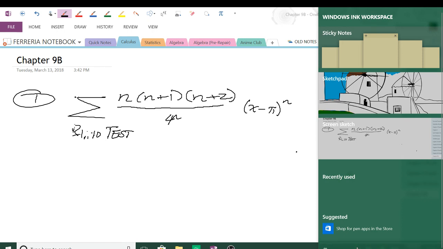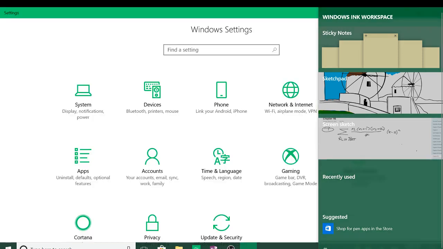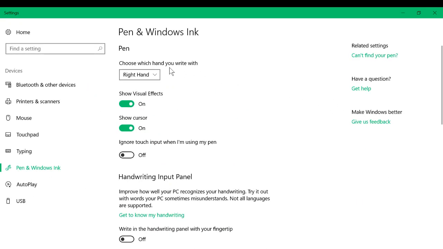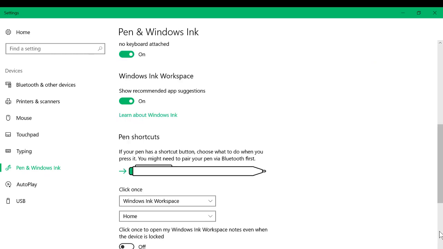Settings. Where is this? Do you think it's personalization? No, never mind. Ignore touch input when I'm using my pen. I don't even know what that means. What else? Pen shortcuts.